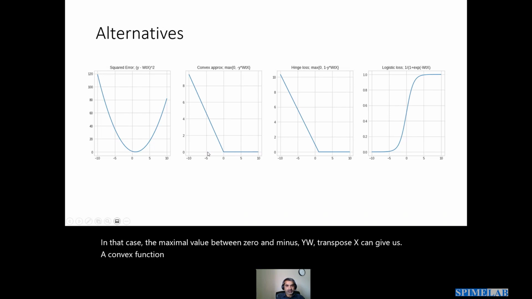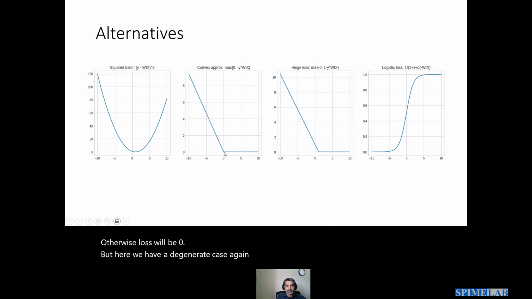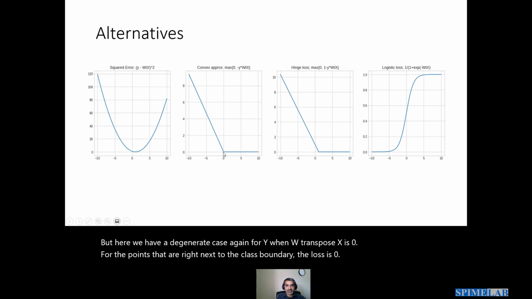So the farther we are from the data point, if it is misclassified, the loss will be higher. Otherwise, the loss will be 0. But here we have a degenerate case again for Y when W transpose X is 0. For the points that are right next to the class boundary, the loss is 0, which is again lacking one of the points.